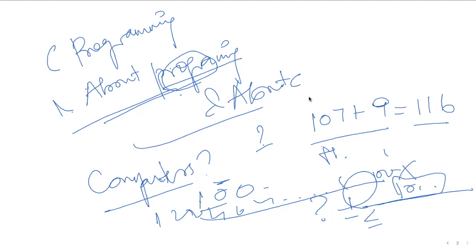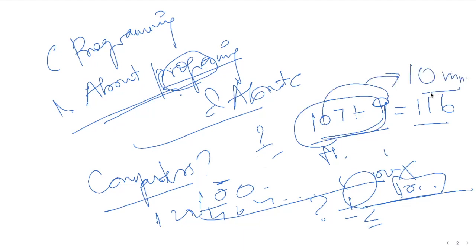Even a simple calculation like 107 plus 9 would initially take about 10 minutes, at the start of the computer era. I'm saying it on average, not an accurate time, but it took a lot of time to do this simple calculation.